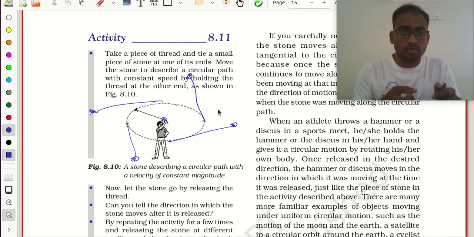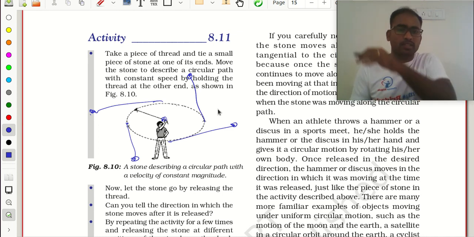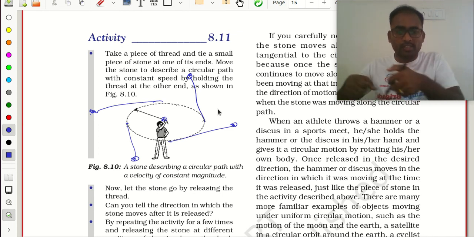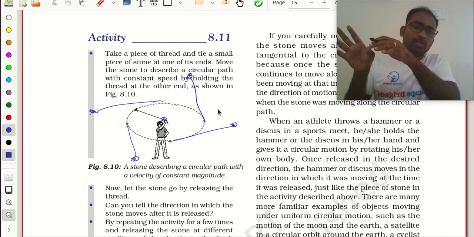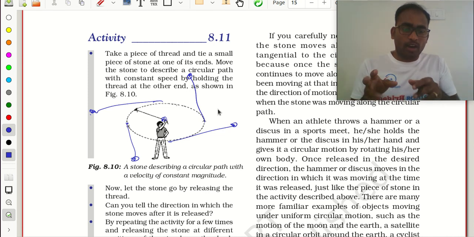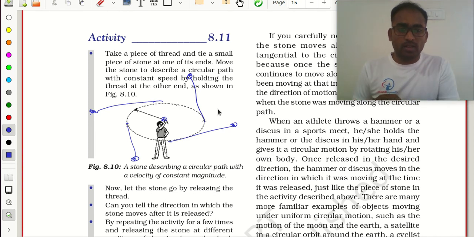They will rotate themselves first, and then they will throw. How much speed they have in rotation decides how much distance they will throw the discus.